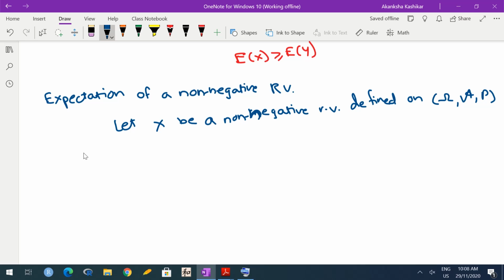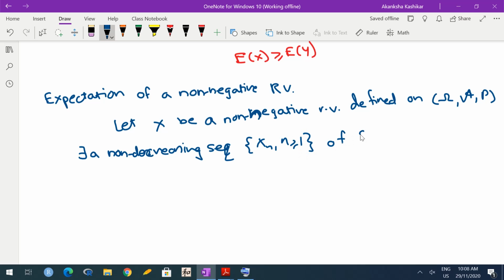Then, so there exists a non-decreasing sequence xn of non-negative simple random variables such that xn converges to x.